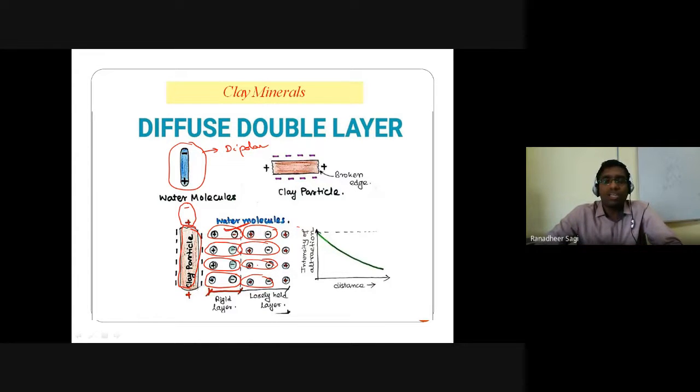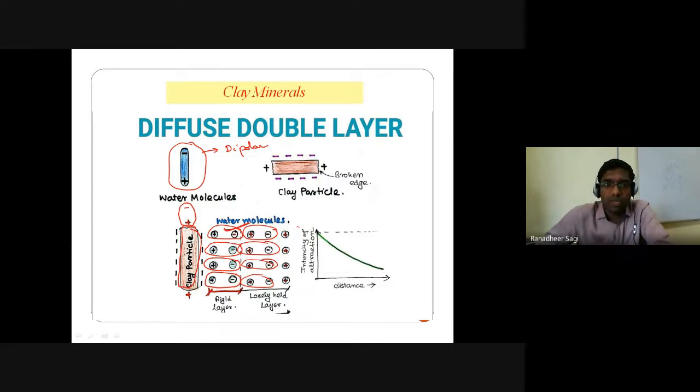So when you look at the viscosity of the fluid around the surface of the clay particle, it is going to be relatively high when compared to the viscosity of the fluid when the water particles are very far away from your clay particle. In the sense, the effect of the force of attraction on the other water molecules which are relatively far away is going to be less.